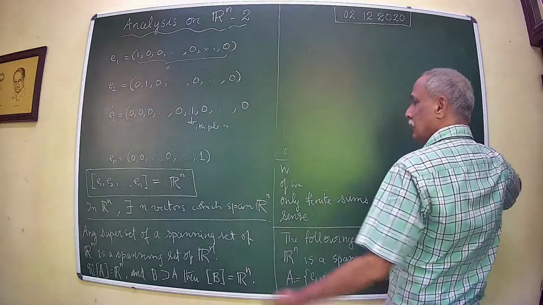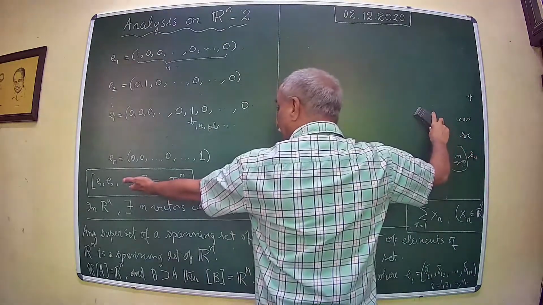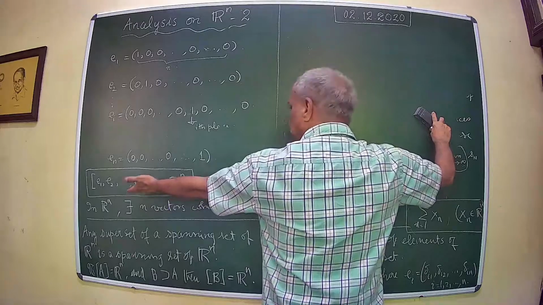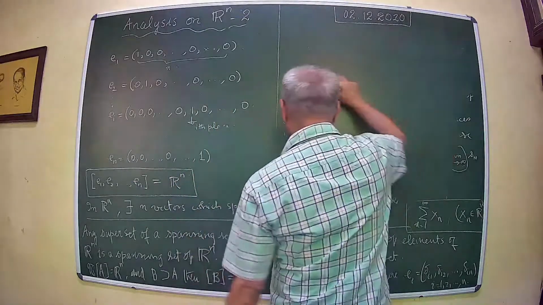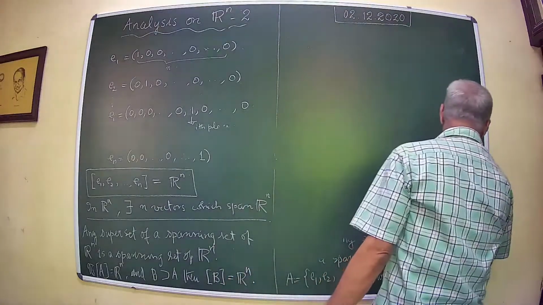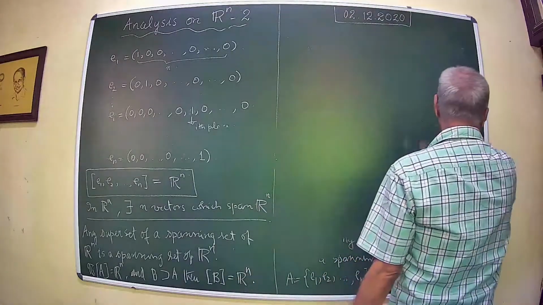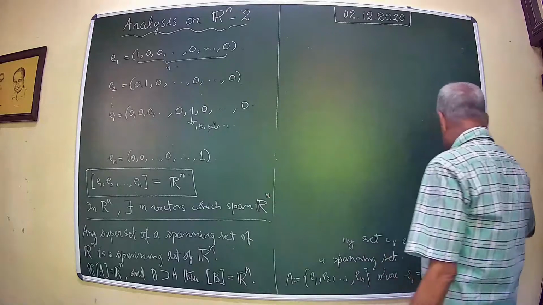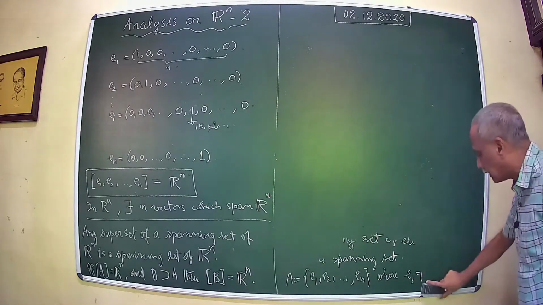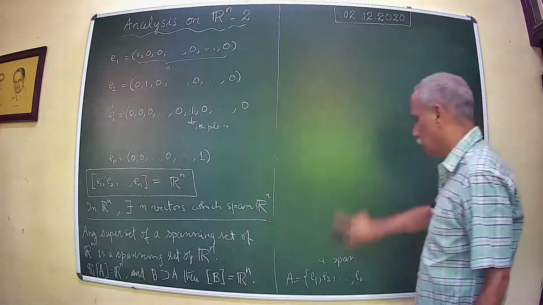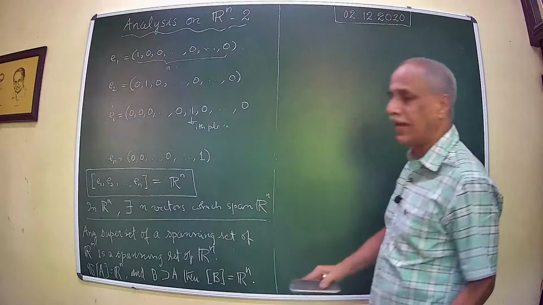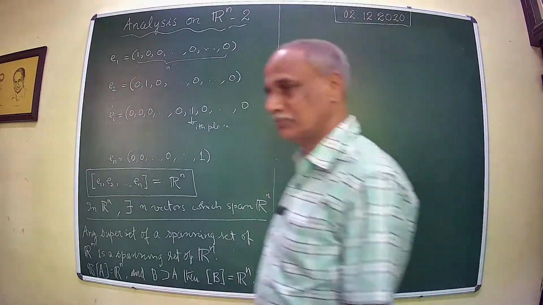That means if this is a spanning set, you add any number of vectors into it, its span is going to be again R^n. Therefore, if you have a spanning set, you start asking, is it possible for me to draw some of the elements from it so that what you get is still a spanning set?